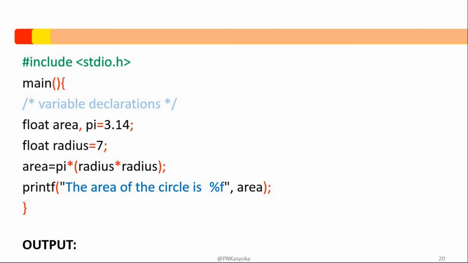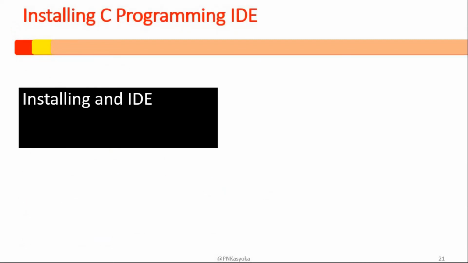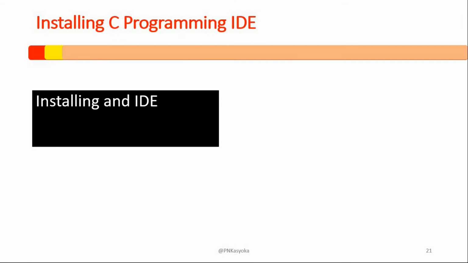Again, looking at the printf, it will output the area of the circle is. You can see we have a %f, and what that implies is that it's expecting a value of a float type. Again, what will be the output? The output is 153.86.